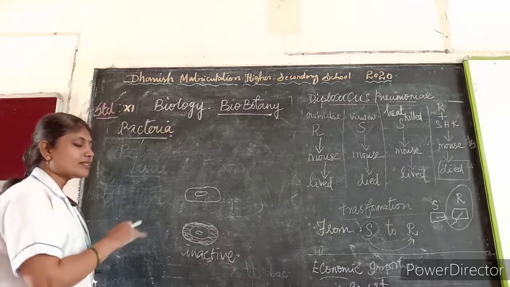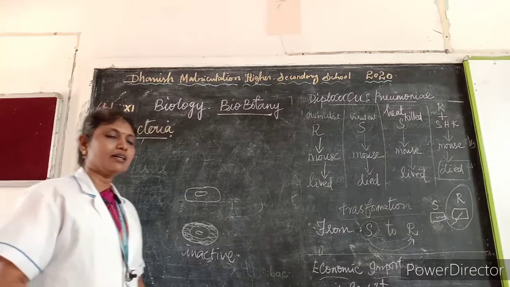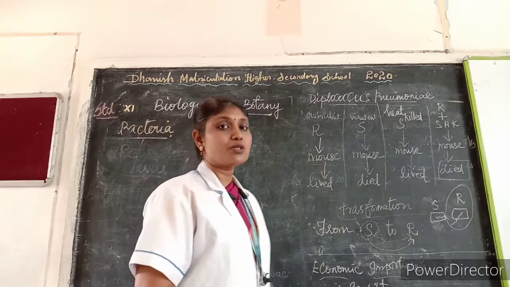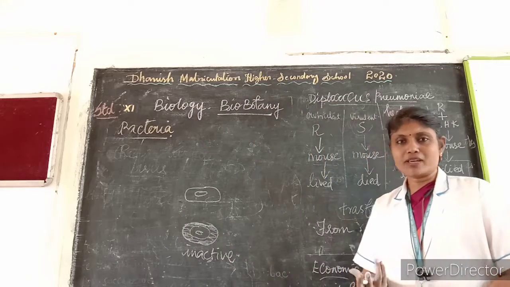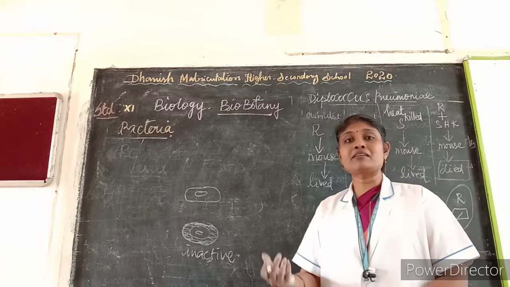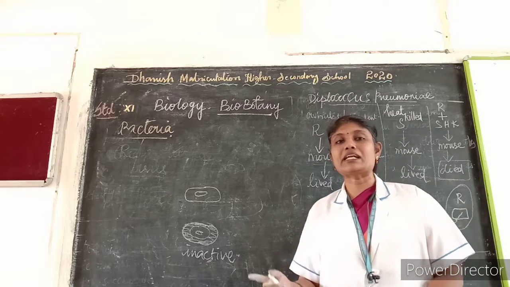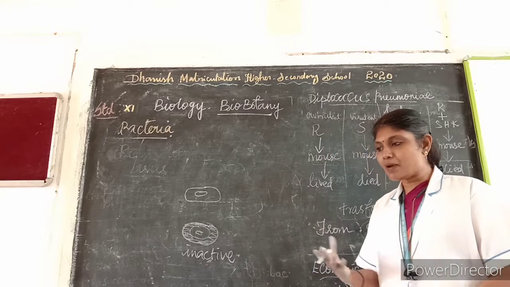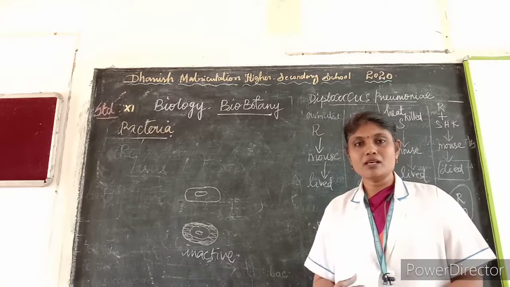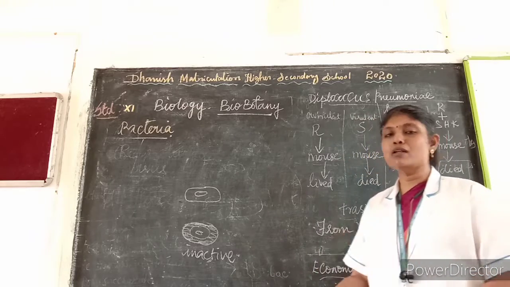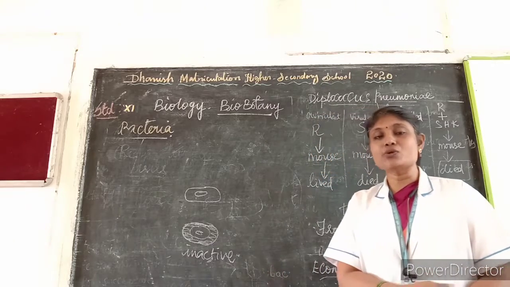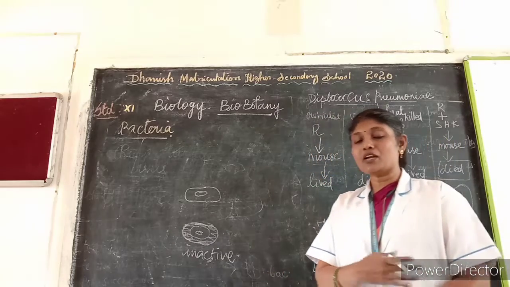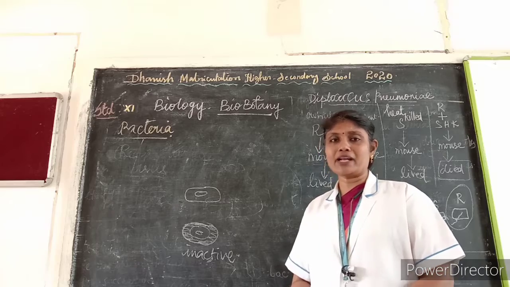An example for this is the Clostridium bacteria found in the soil. Have you come across the word TT injection? Why are we acting against this Clostridium tetani? Clostridium tetani is a bacteria found in the soil. If a person falls down on the soil and gets the bacteria into his body by chance, that will be the favorable condition for the bacteria.